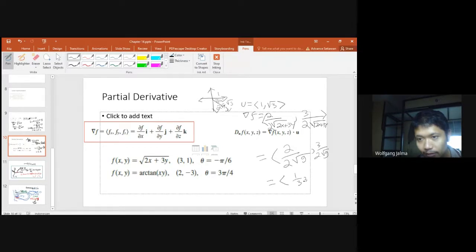That is 1 over 3, comma, half. This one times this one, so the directional derivative is 1 over 3 plus square root of 3 over 2.